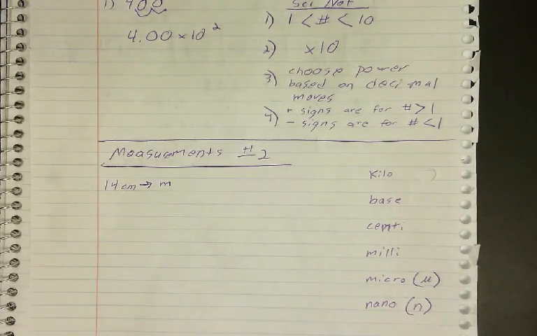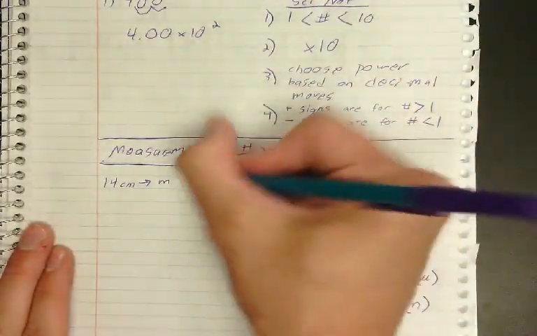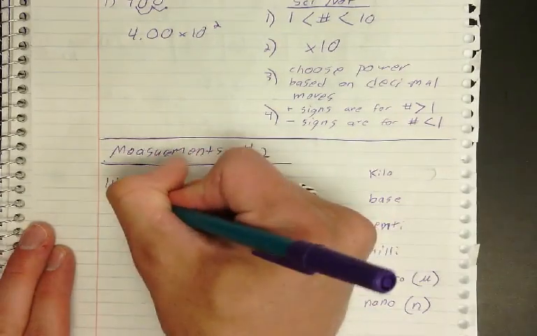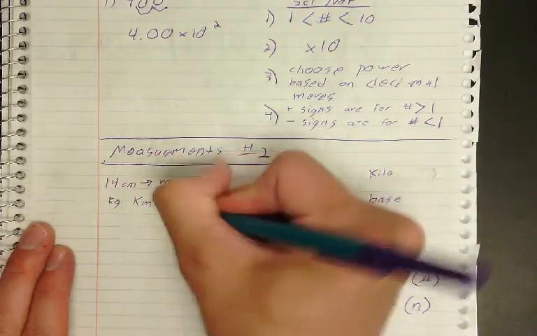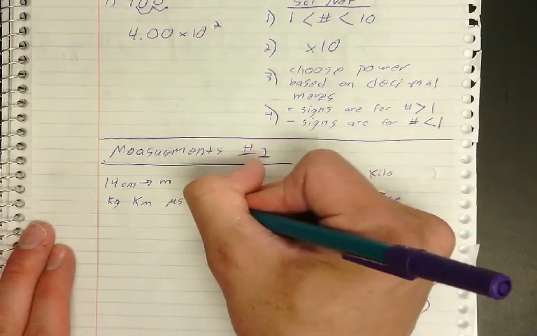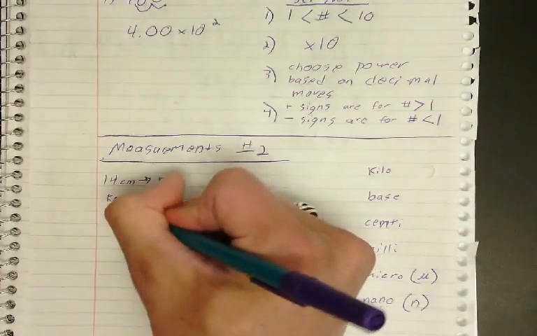Okay, so there are two types of units: prefix units and base units. Prefix units are units that have something in front of them, for example kilograms, kilometers, microseconds, milligrams. Those are all prefix units.